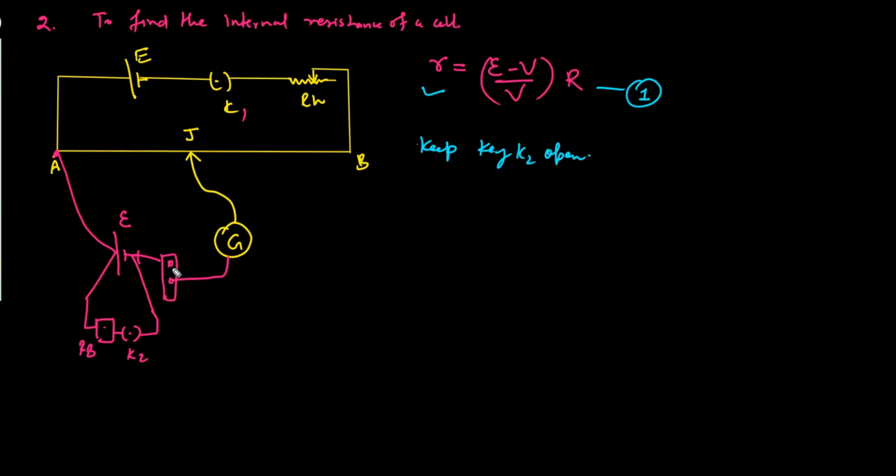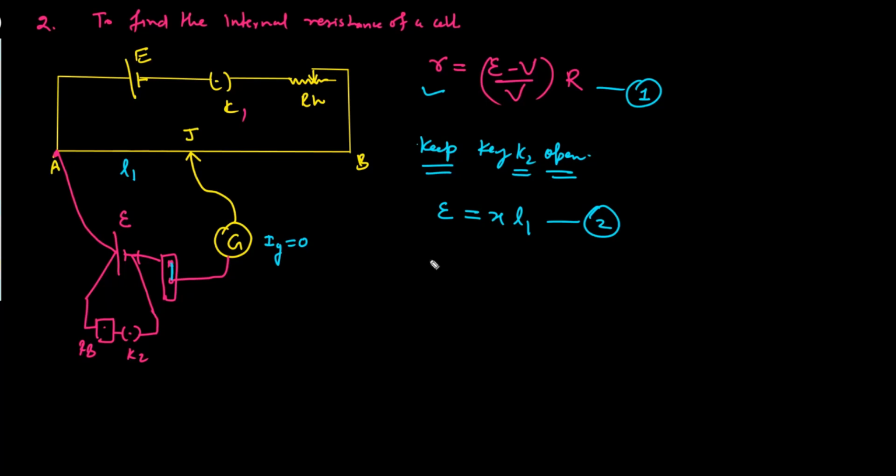Then we will find the balance length L1. The balance length will be when the current in the galvanometer is 0. So when we keep the key K2 open, in that case E we can write as X L1. Let's say this is equation number 2.